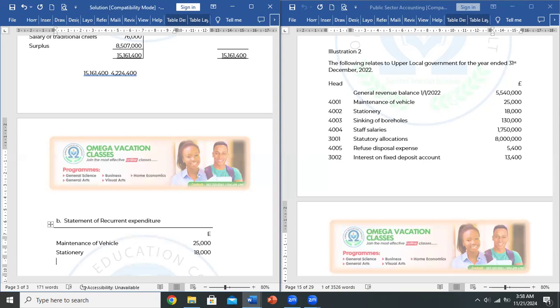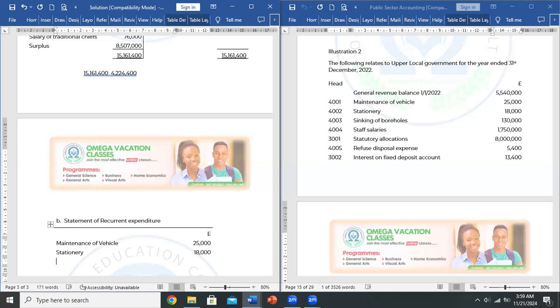Please, what's the meaning of sinking of boreholes? Like some communities don't have water, so the government will go there and sink a borehole for them, as in make a borehole, because it's digging into the ground.